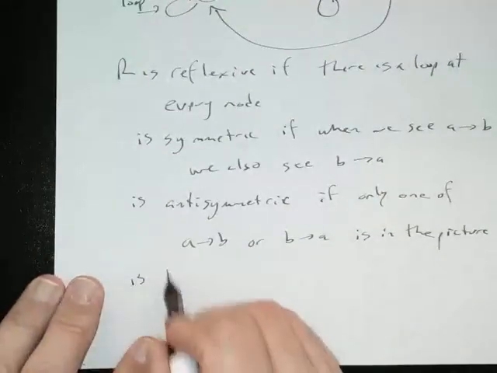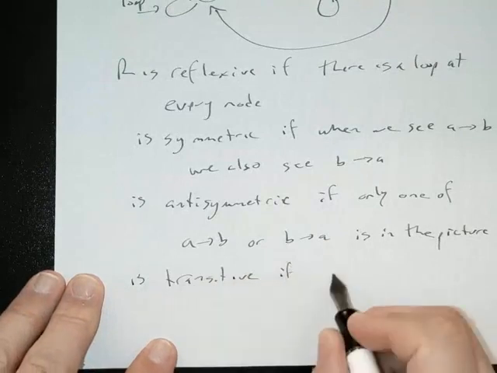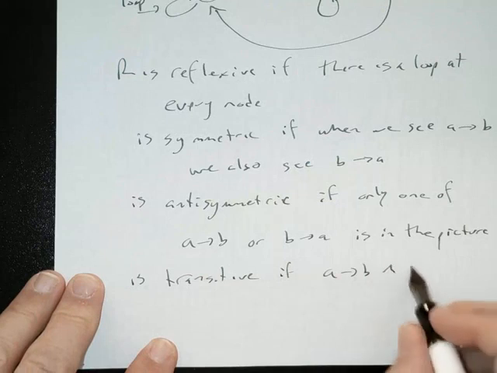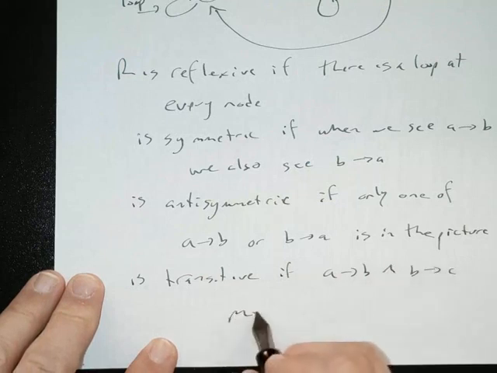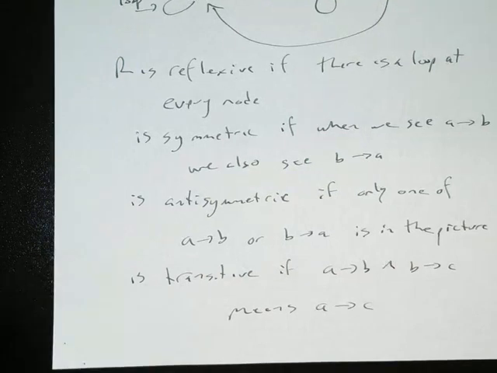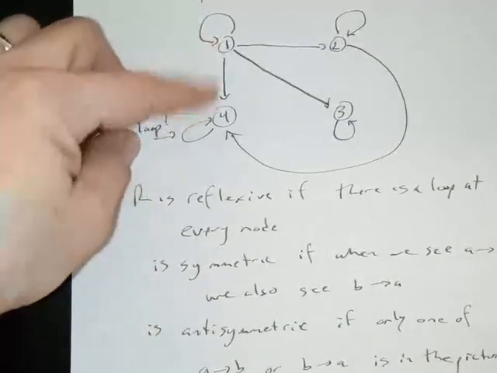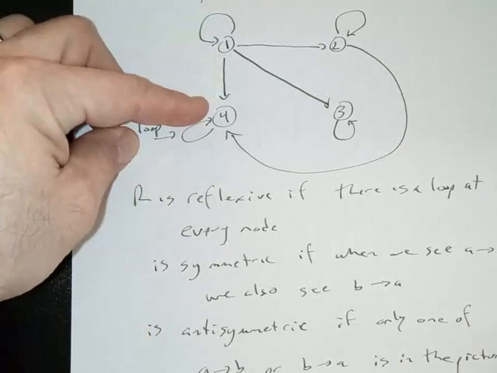There's a triangle. And that triangle has to have the correct direction. I have to go from A to B, from B to C. I have to go from A to C. Notice this arrow goes down from 1 to 4.